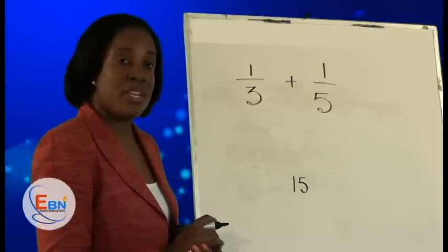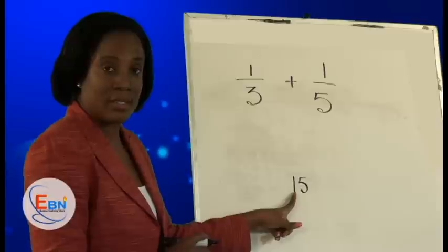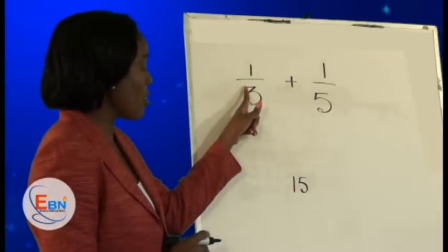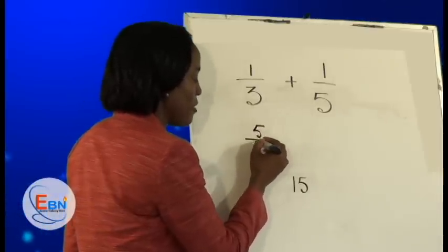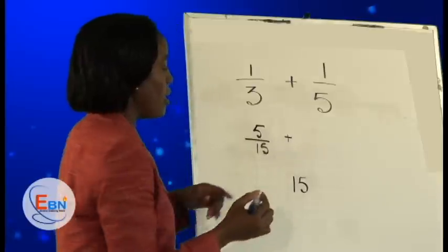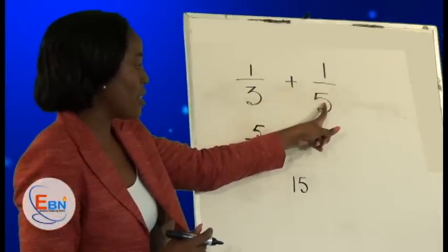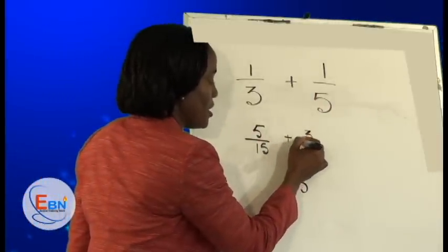We will then rename a third to 15ths. A third is equivalent to 5/15. A fifth is equivalent to 3/15.